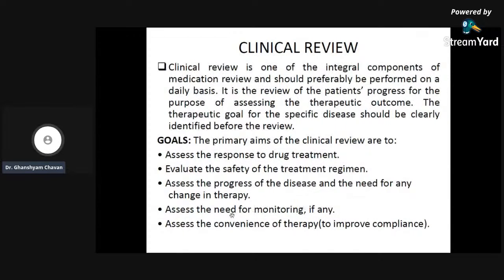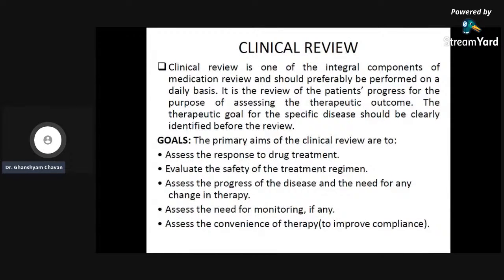Assess the convenience of the therapy to improve compliance, which means you should go for the better alternative. Suppose the patient complains, sir, I am having pain during that injection, or I am having irritation from that tablet. For that you should go for a better alternative which has less pain or no pain, or is palatable to the patient.